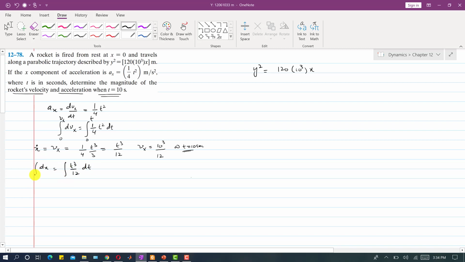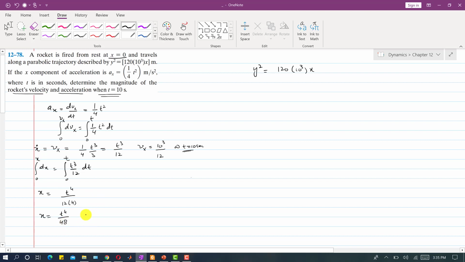We will integrate this, from 0 to x and from 0 to t, since the initial position is 0. So x equals t to the power 4 divided by 12 into 4, so x is equal to t to the power 4 divided by 48.